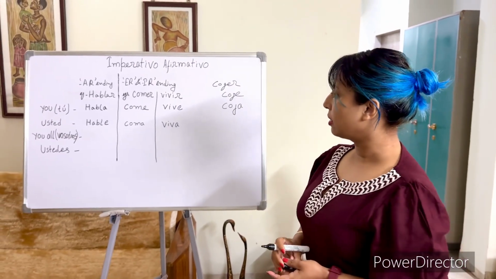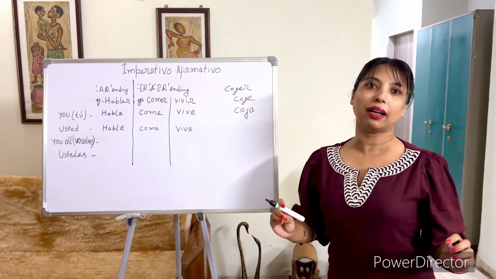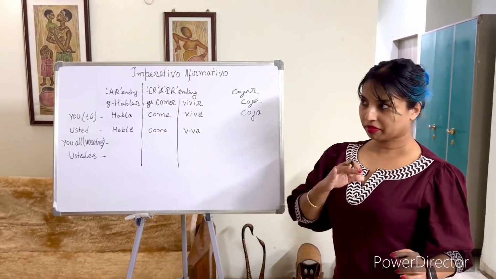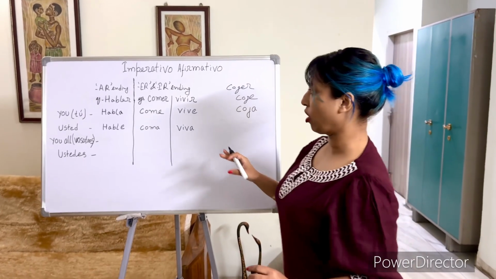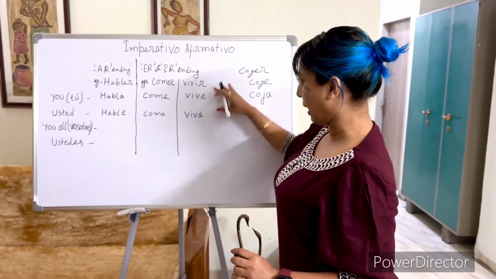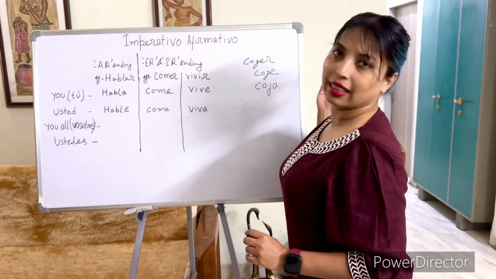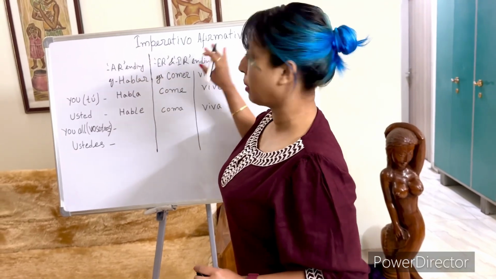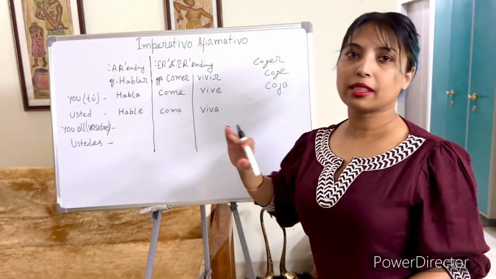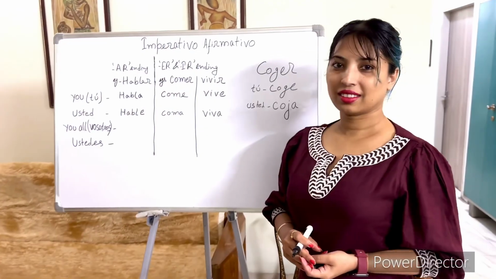And now the vosotros form is very simple, and there is no exception at all. Like we are doing the basic verbs now, and there are exceptions, but the vosotros form in imperative affirmative sentences will always be the same. For that you are not supposed to do much.